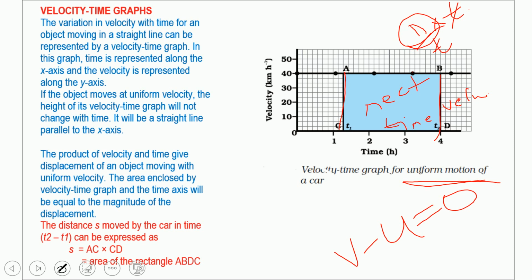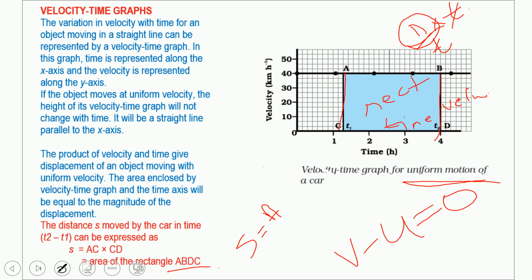So we can say the displacement S is equal to the area of the rectangle ABDC. The area of the rectangle is length into breadth.